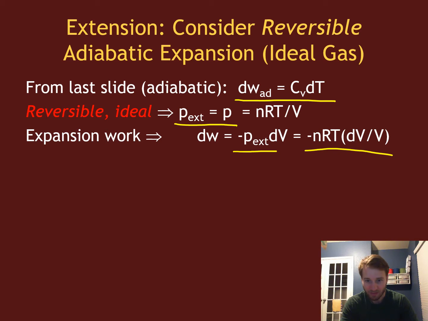Now, if I relate these two equations to each other, equation 1 and equation 2, those are both valid expressions for calculating the work. I could use either of those expressions and get the same amount of work.